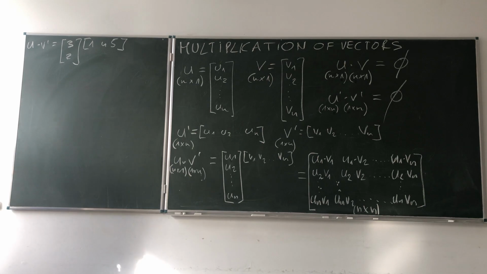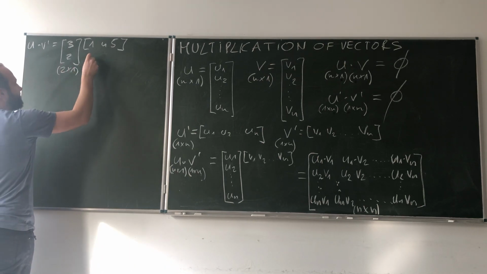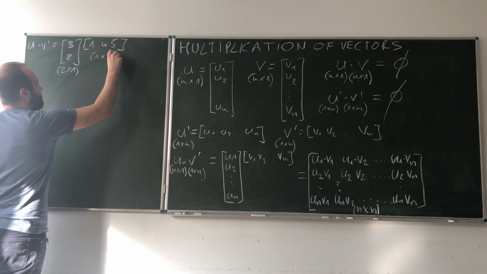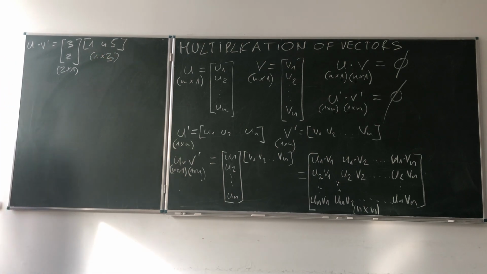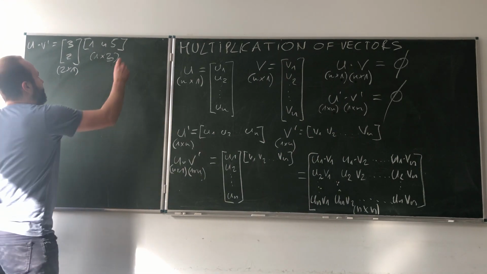Okay, so this vector is 2 by 1, and this vector is 1 by 3, right? So, as an outcome of multiplication, we should get a matrix 2 by 3.